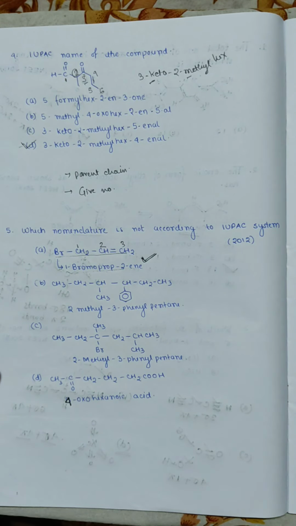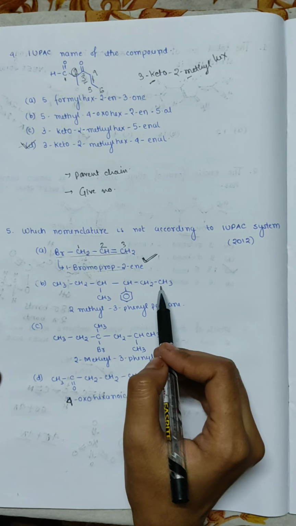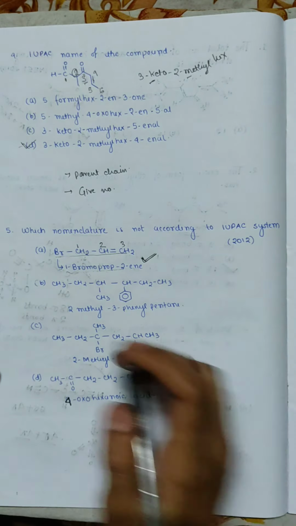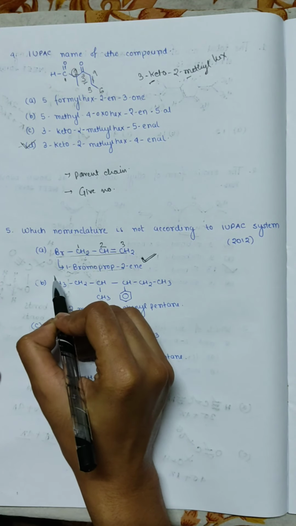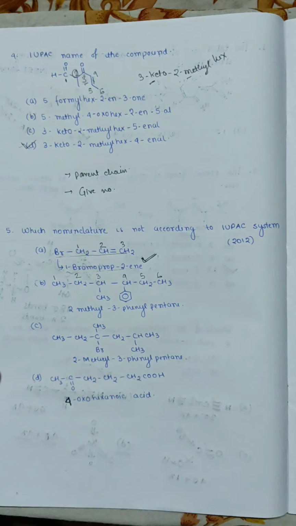Coming to option B, in this case I have to choose the parent chain. I guess this straight chain can be considered the parent chain because it has the largest number of carbons. Let me assign numbering to this chain. It has 1, 2, 3, 4, 5, 6.